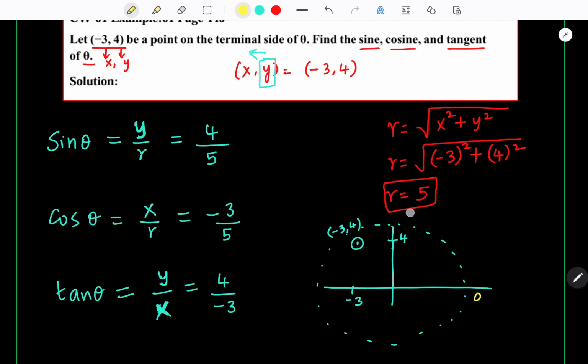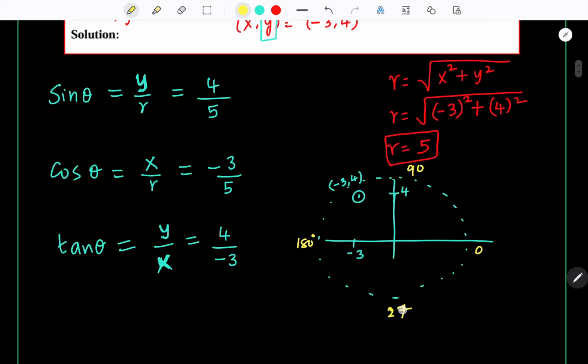This point is 0, this is 90, this is 180, and this is your 270, and this is your 360. Where is this point? Put all STC. This point is in quadrant number 2. This is quadrant number 1, this is quadrant number 3, and this is quadrant number 4.